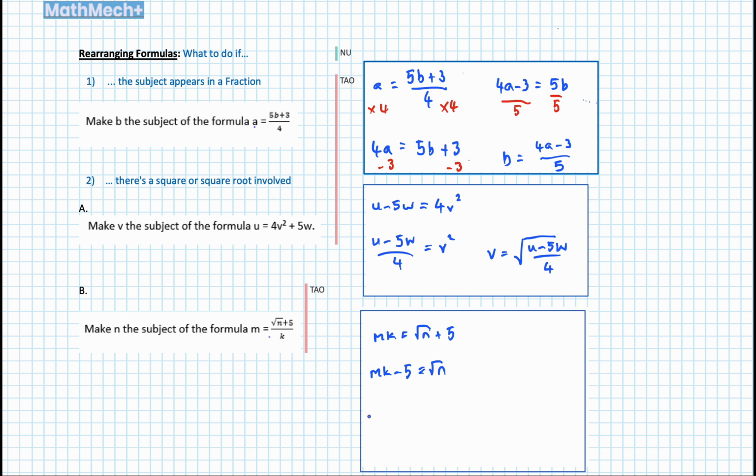And then lastly, I'll just switch it over just for the visual. We have a square root, so we have a square on both sides, which cancels out the root. In essence, that's your final answer, but we're going to just make it neat. m squared k squared. So we just multiply all this out, plus 25.